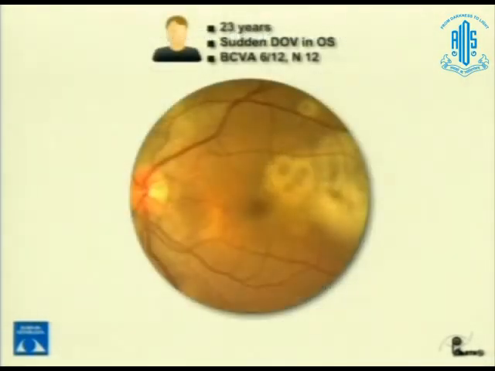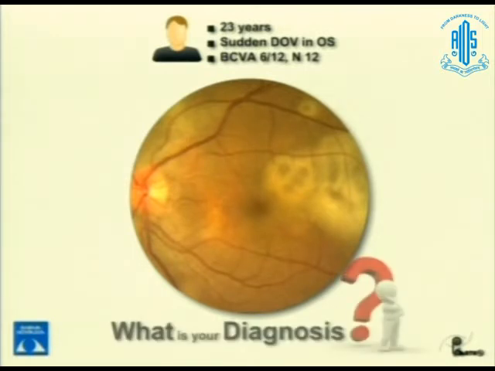For example, see, this is a 23-year-old patient who came to my OPD with sudden diminution of vision in the left eye. The best corrected visual acuity was 6/12 and N10 or 12. What is your diagnosis? Anybody?